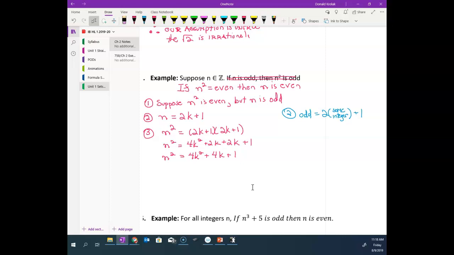What kind of number is n squared going to be based on that equation? Is there a way to rewrite that equation so that it is purely a multiple of 2, or 2 times some number plus 1?